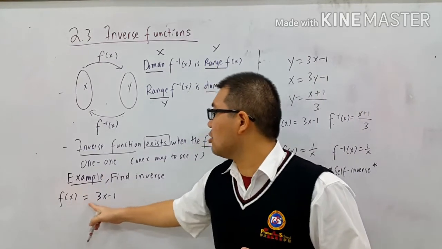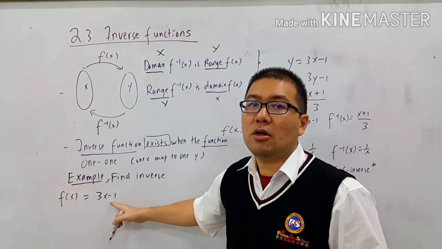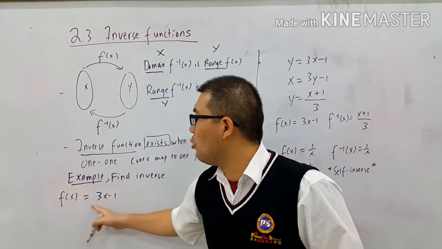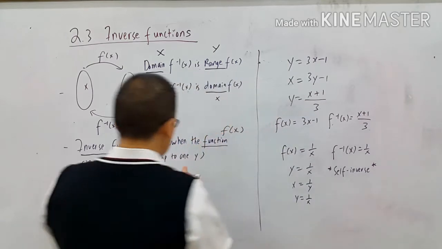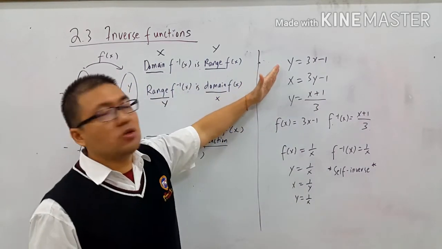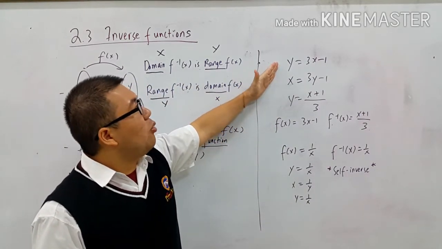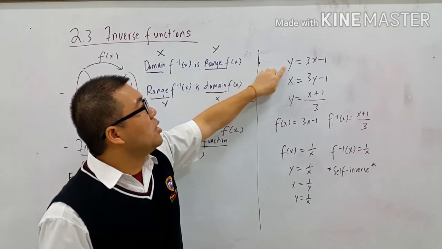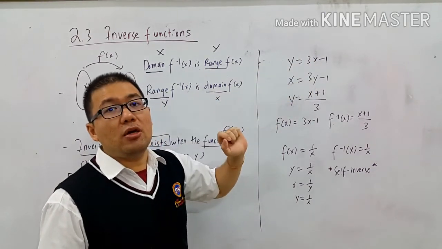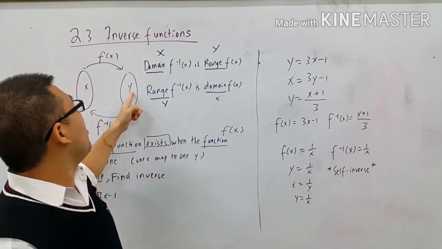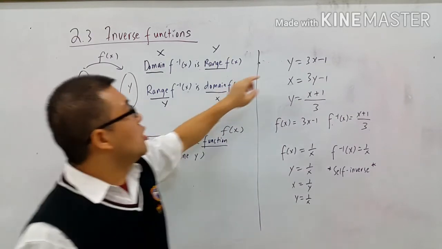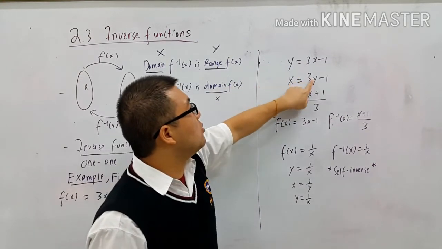So if f(x) equals 3x minus 1, alright, so we make f(x) become y equals 3x minus 1, which we can see right here. And then what I do is I change the y to become x and the x to become y, because as you know, an inverse maps y to become x. Okay, so I change the y to become x and the x to become y.